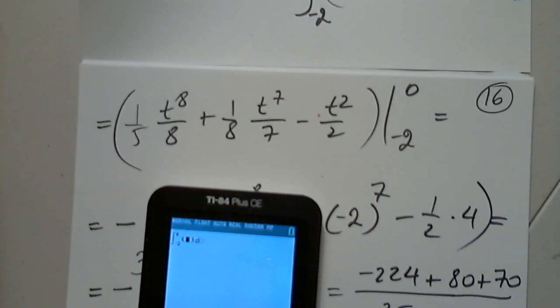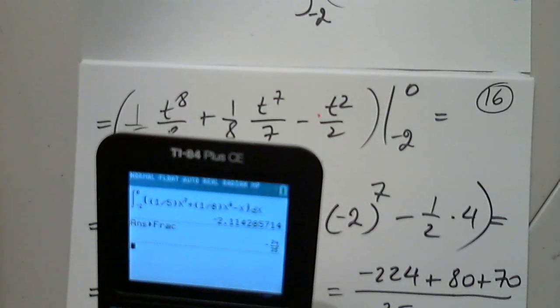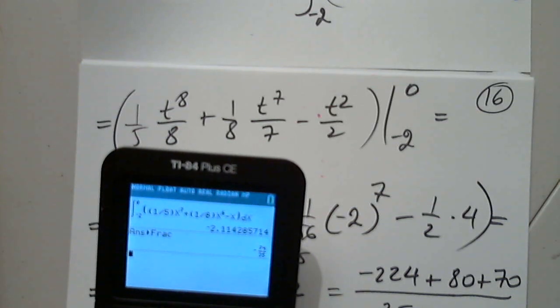I want 1/5 x to the 7th power plus 1 divided by 8 x to the 6th power and minus x. So when I change this into a fraction, I get negative 74 over 35.